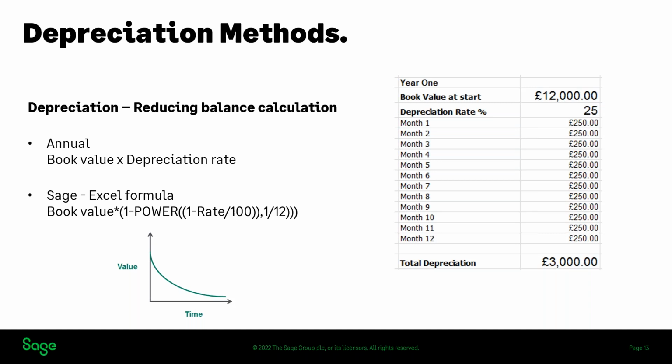Now, in the first instance, that table that I've got on the right-hand side, it's exactly the same. It would still depreciate at the same rate, so £3,000. However, in year 2, you would have the £12,000 less the £3,000, so your £9,000, and then for year 2, you would multiply that £9,000 by the 25%. So you're going to get slightly less and less depreciation each year.